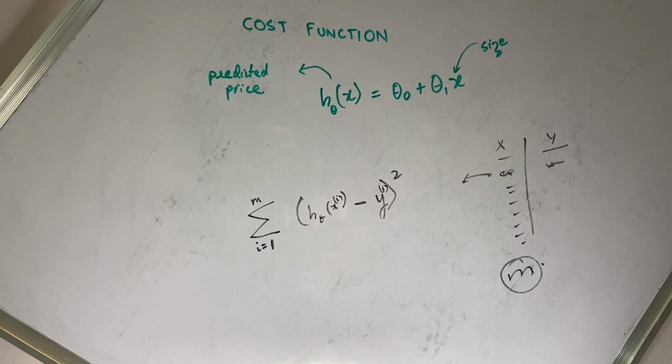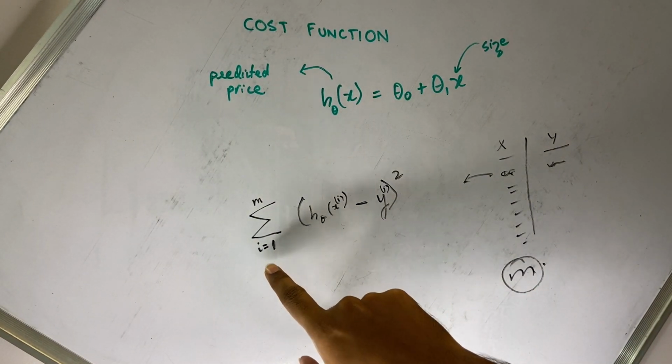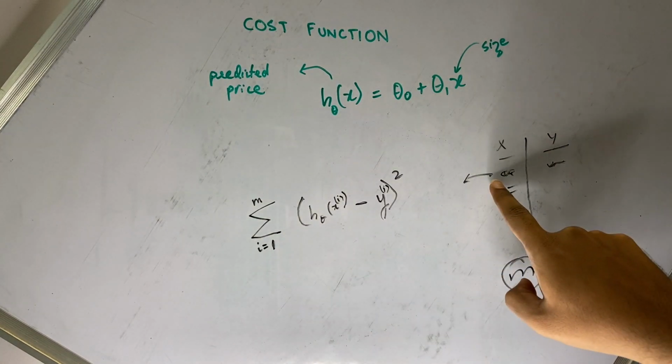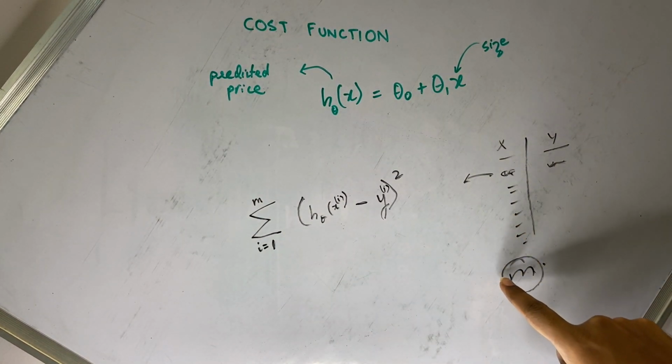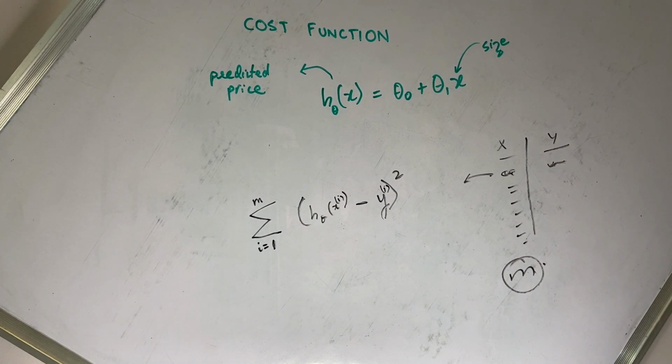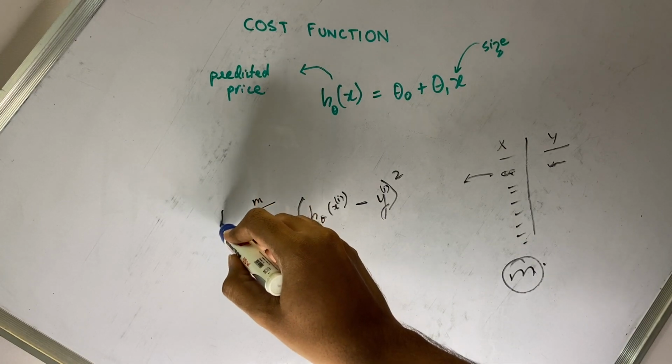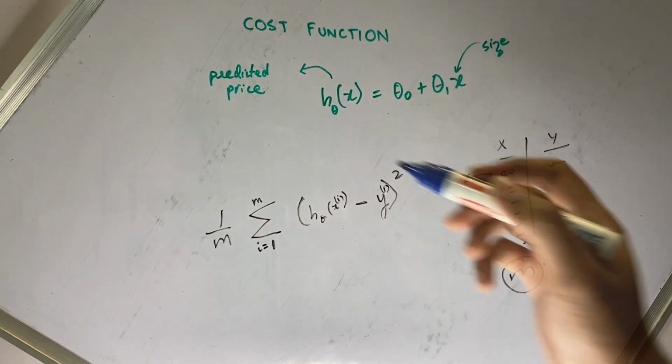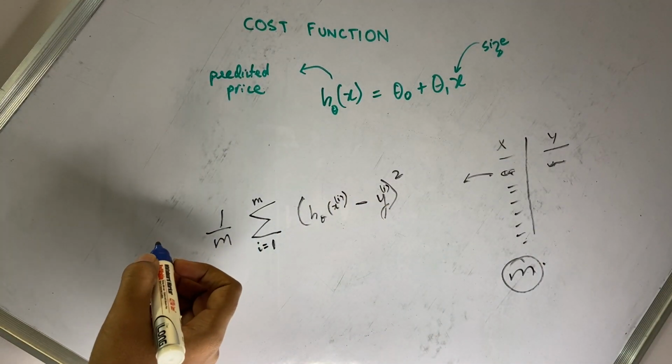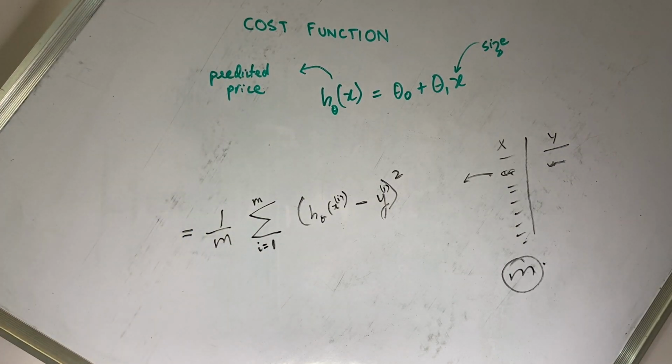You might have seen this equation. So i is one training example. It starts with 1 and then goes up to m training examples. And I want to take an average of this. So 1 over m.